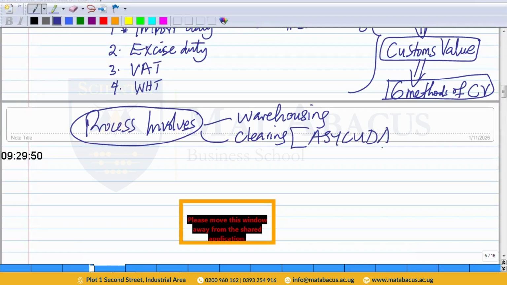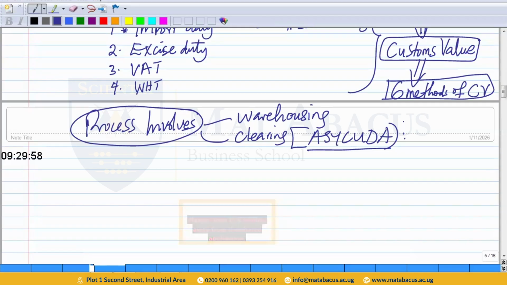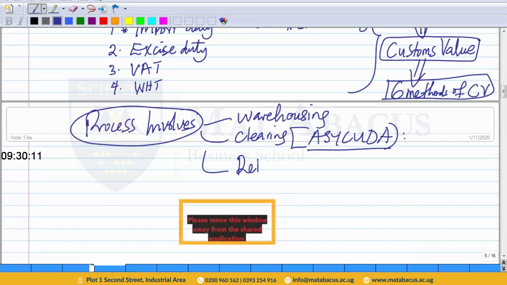Some of you might have heard of ACCA, a system that is used to declare the goods. When you bring the goods into the country, how do you declare them? Using the ACCA system. Then re-exportation or re-importation. We shall look at all of that.